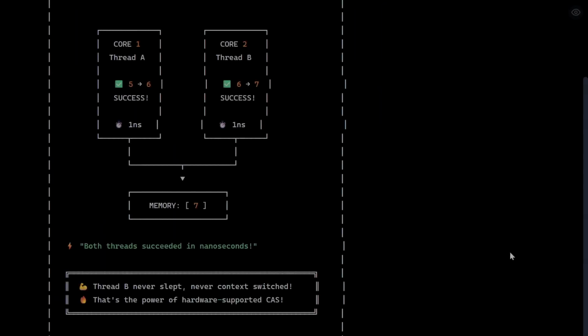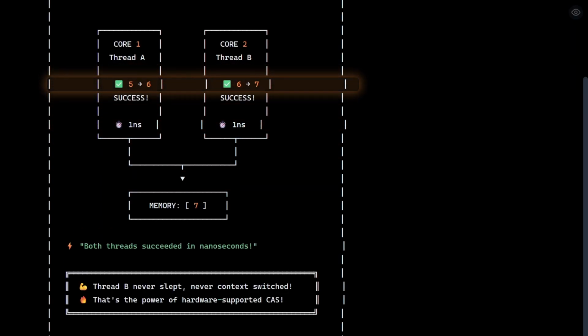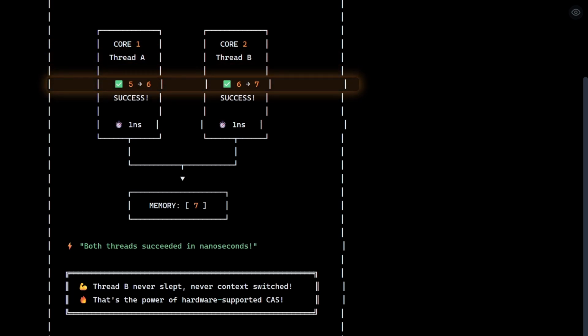And here is the final result. Thread A successfully set it to 6, thread B failed once, spun back around and successfully set it to 7. The entire ordeal from the initial collision to thread B's successful second attempt took a handful of CPU cycles, like nanoseconds.